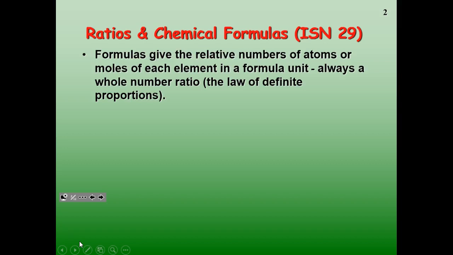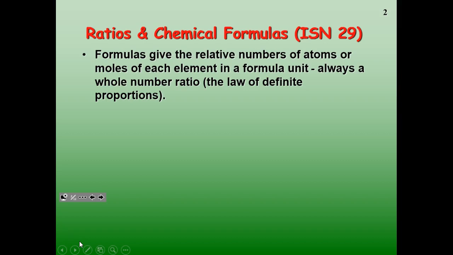So up to this point in Unit 6, we have been talking a lot about ratios, but primarily ratios of substances in a chemical reaction, right? The reactants to products, for example.